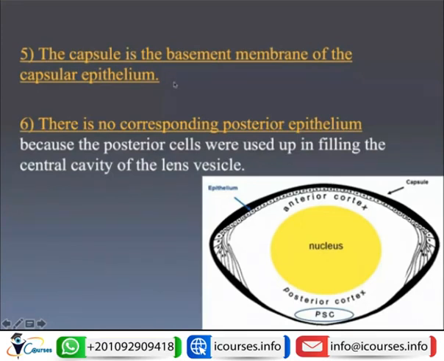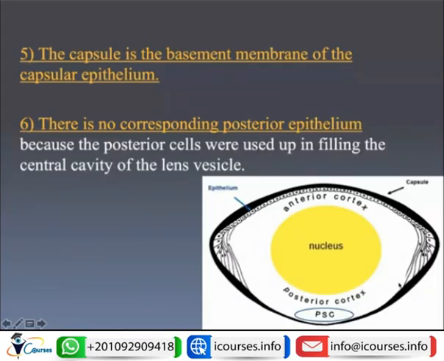The capsule is the basement membrane of the capsular epithelium, and there is a very important fact that we'll know in the embryology, that there is no posterior epithelium. As you can see here, the epithelium is present at the area of the equator, but posteriorly there is no epithelium.